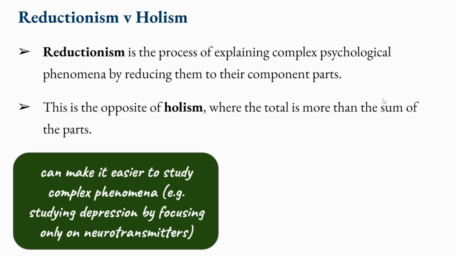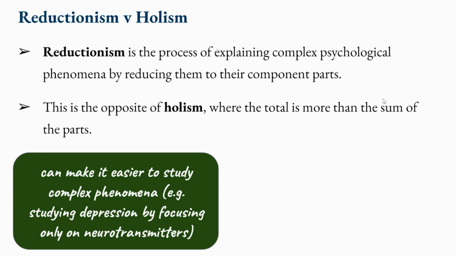So what's good about reductionism is it can make it easier to study something very complex. Like if we're trying to figure out what causes depression, if you reduce it down to biological factors like neurotransmitters, it allows us to study the effects of those neurotransmitters on depression. If we look at the bigger picture, it can be hard.